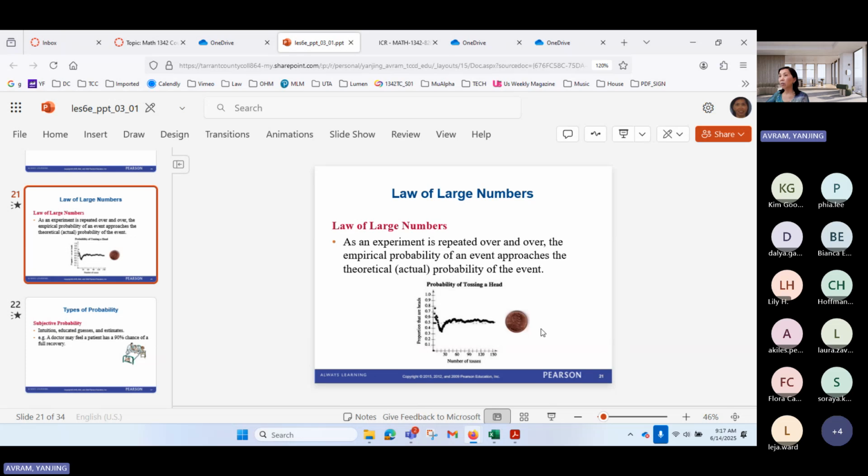Some people only get 3 heads out of 10, some get 5 and 5, some get 7 out of 10. So it's not always half and half. But if you toss this coin many, many times, like millions or billions of times, the number of heads and tails will get very even. So that's called the law of large numbers.